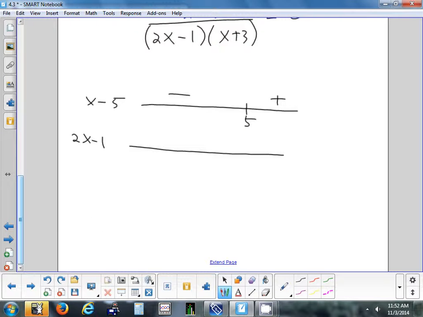Here you get positive 1/2. If you plug in numbers bigger than 1/2, you get positive. Less than 1/2, you get negative. And do x plus 3. Negative 3 is the root. If you plug in numbers bigger than negative 3, like 0, you're going to get a positive. Plug in numbers smaller than negative 3, like negative 5, you get a negative.